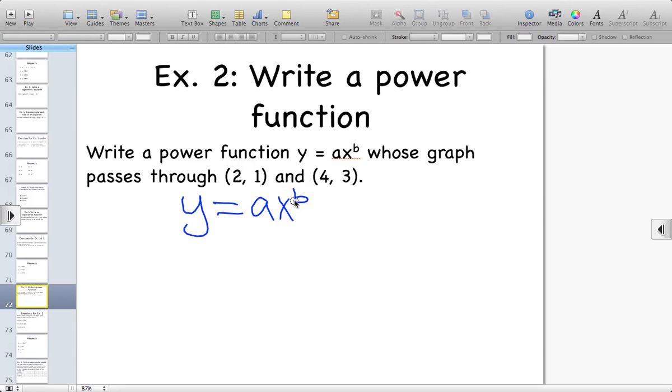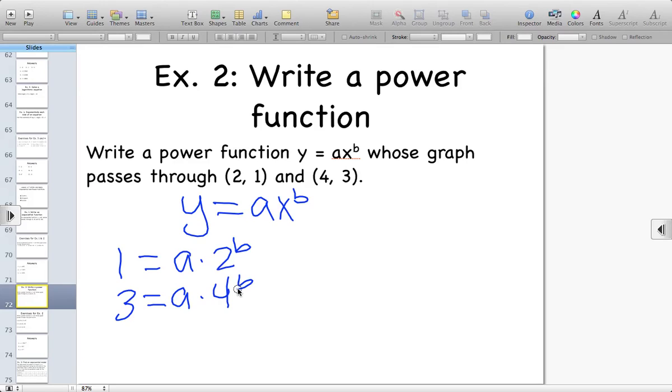Whatever is being raised to that value is what's the variable. We're going to do the same process of plugging in the points and setting up our system of equations. So step 1, 1 is equal to a times 2 to the b power. And then our second one is 3 is equal to a times 4 to the b power.